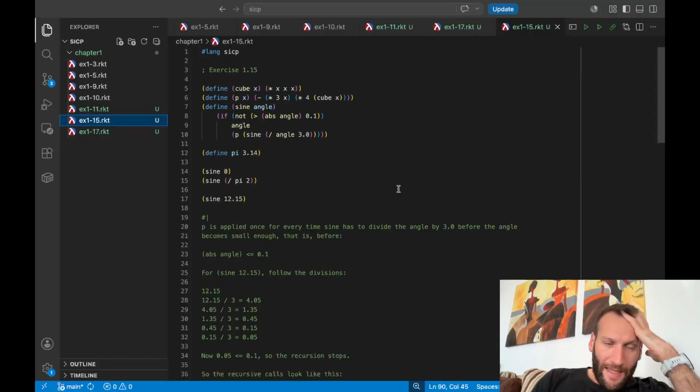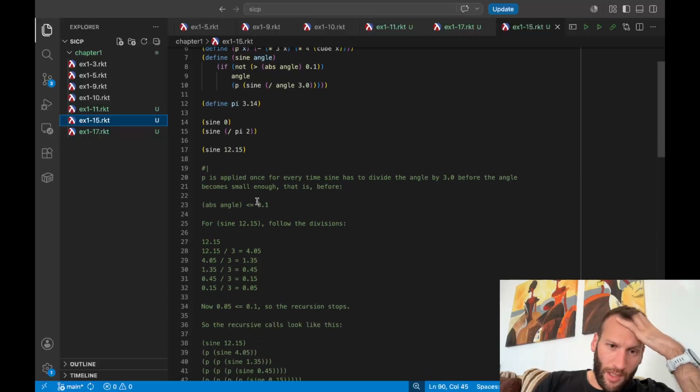So let's see, here we have the definition of cube, the definition of P, and the definition of sine. Here I defined also pi, just to make some attempts and to compute the sine of 12.15.